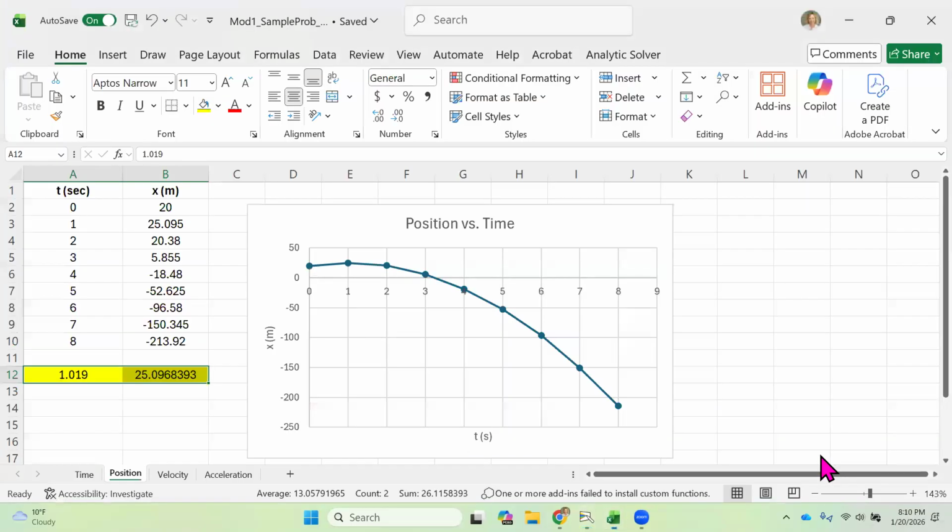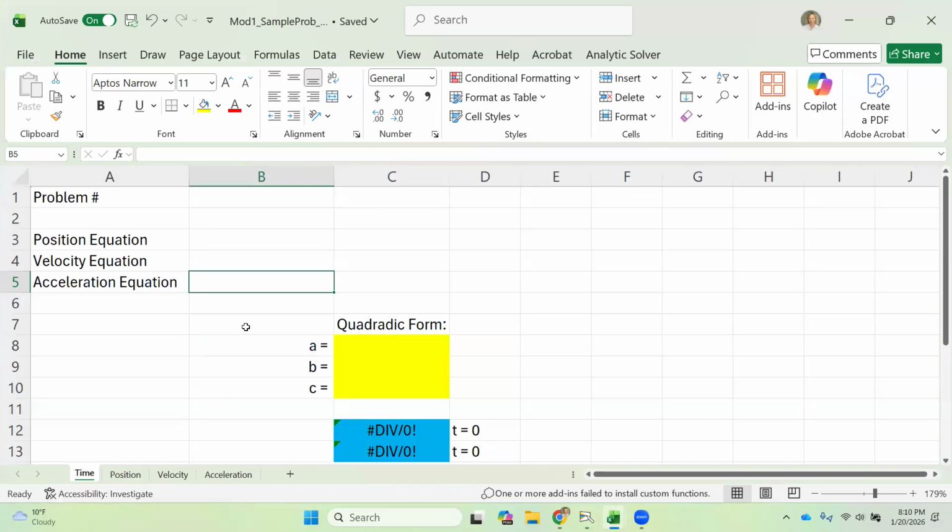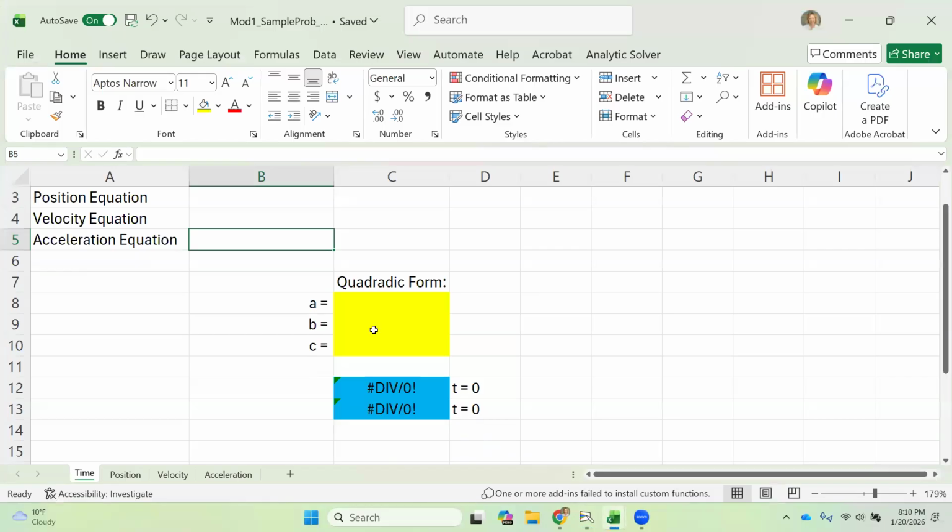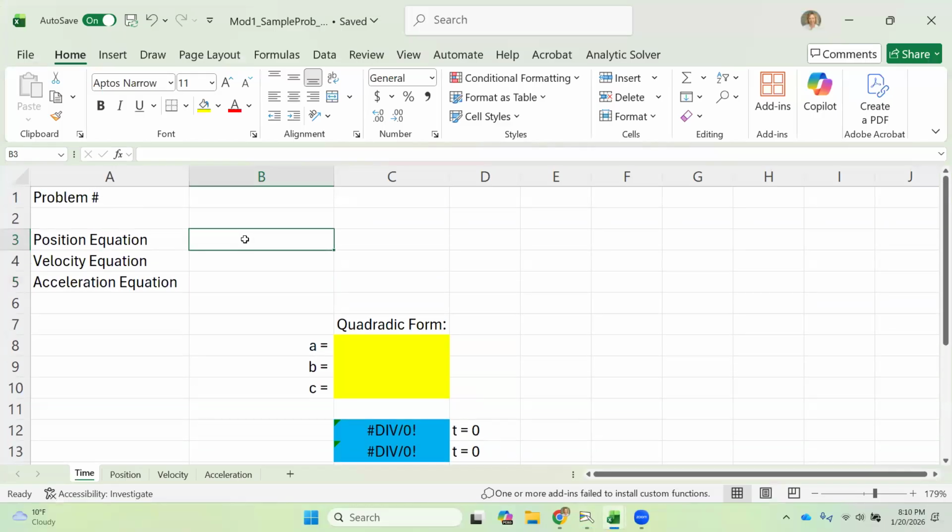We can go back to Excel here, go to our time tab for this problem, and now we can use our quadratic formula here. So our position equation is y is equal to negative 4.905 t squared plus 10t, plus 20.